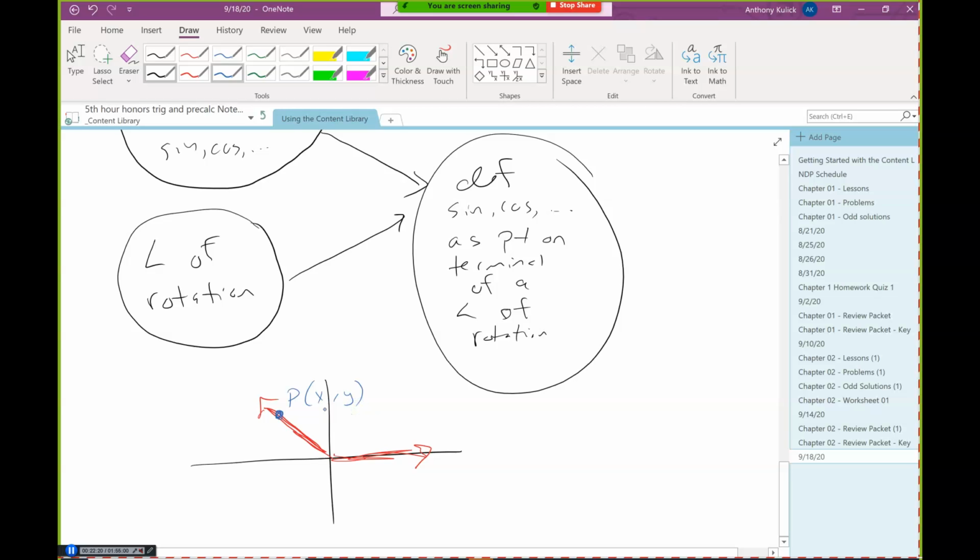We picked any point on that terminal side, and we made a right triangle by drawing a perpendicular line back down to the x-axis, which makes this side like negative x. Why is it negative x here?